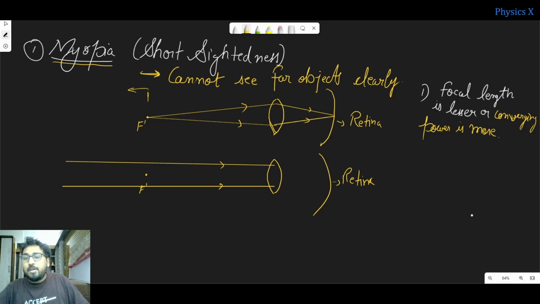In this case, suppose an object is placed far away. Suppose these are your ciliary muscles. If an object is placed far away, these must be completely relaxed.